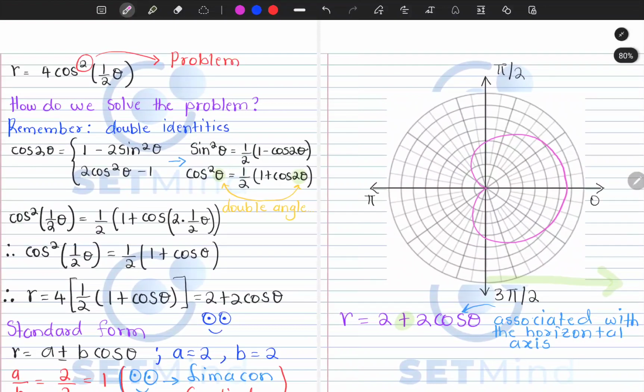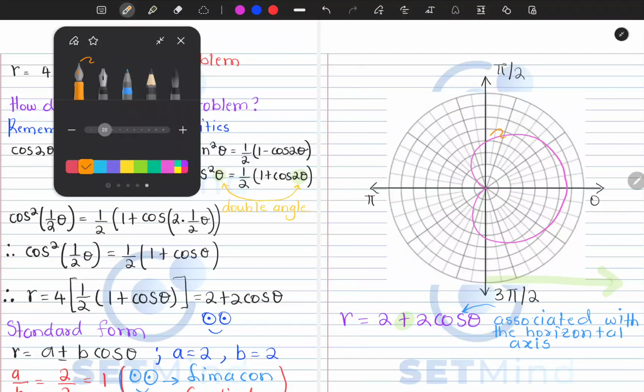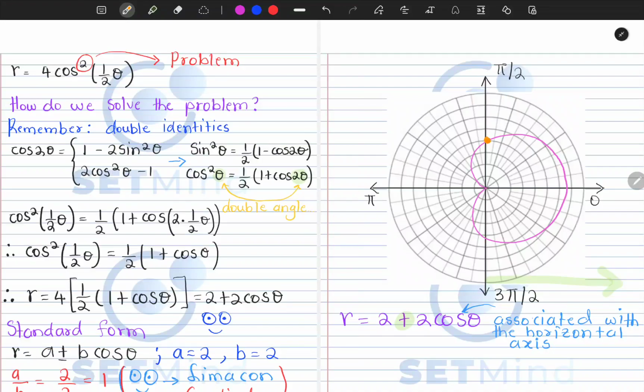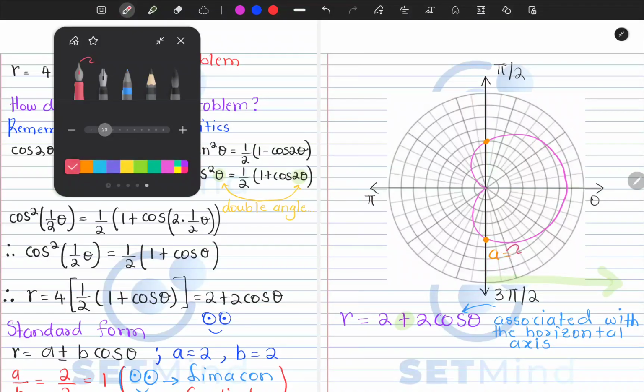So what we then need to figure out is the value of A and B. So what you need to remember is that with Limasons, the value that sits there will be the value of A. So what sits there and there will be the value of A. So if you look carefully, our A will be equal to 2.